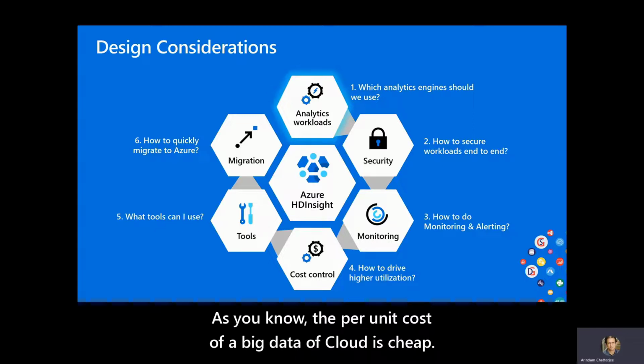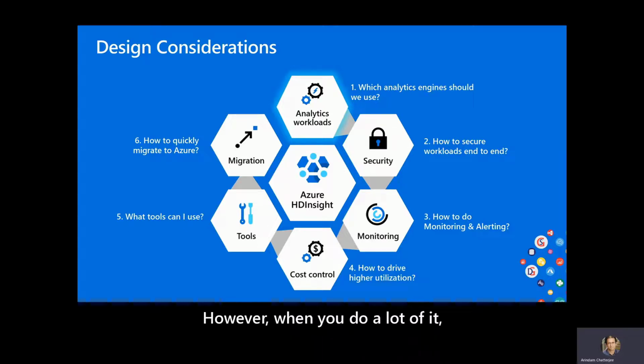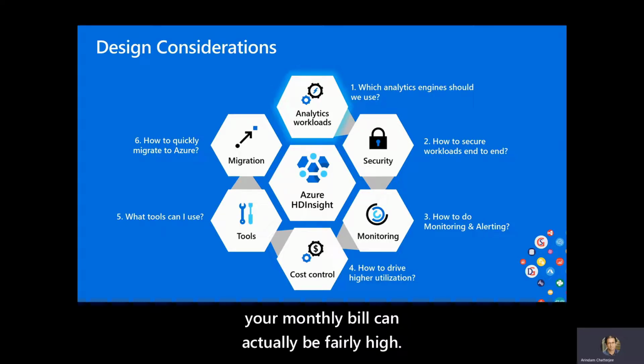As you know, the per unit cost of big data cloud is cheap. However, when you do a lot of it, your monthly bill can actually be fairly high. So cost control is a really important consideration for all of our customers.